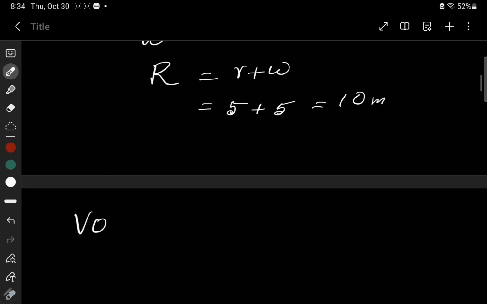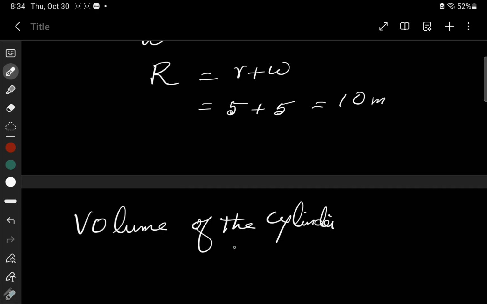So the volume of the inner cylinder, that is very important, is equal to the volume of the hollow cylinder.